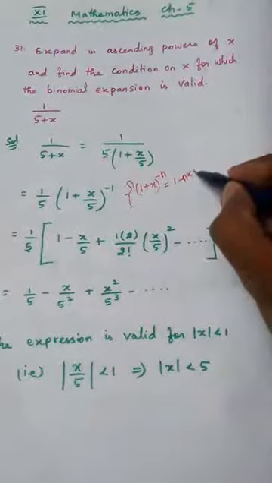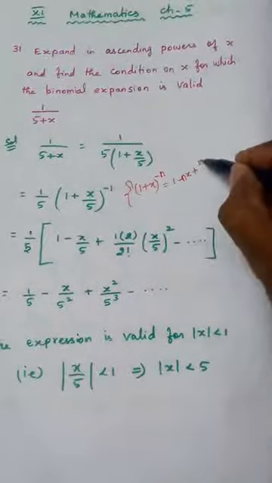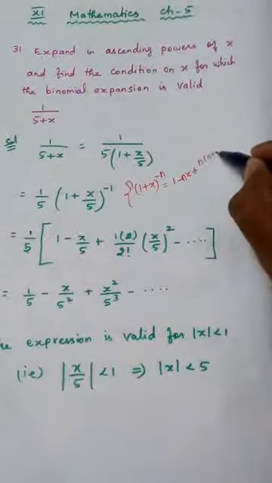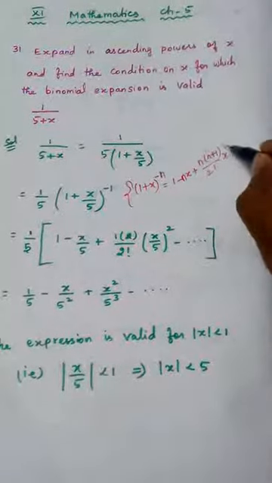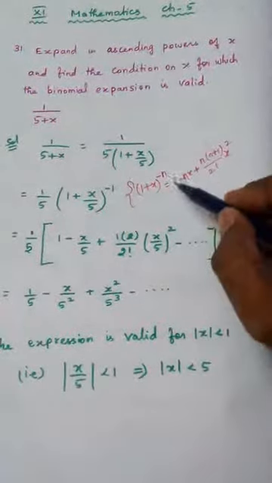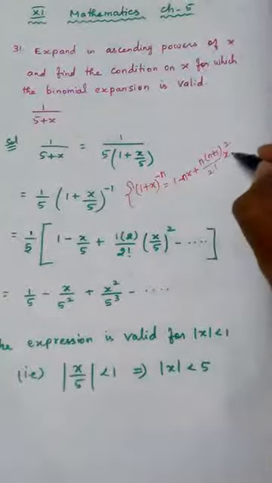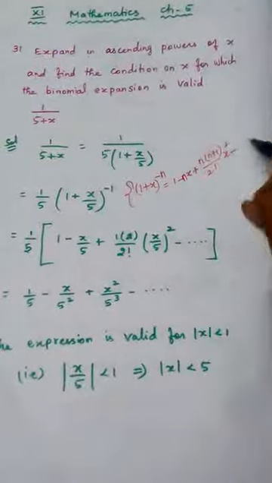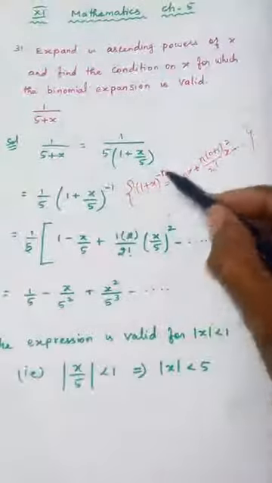Plus, since the power is negative, we will be having positive terms here, n into (n plus 1) by 2 factorial x square. So first term is plus, second term is minus, third term is plus, so fourth term will be minus, etc. So this is the formula that we know, (1 plus x) whole power minus n.